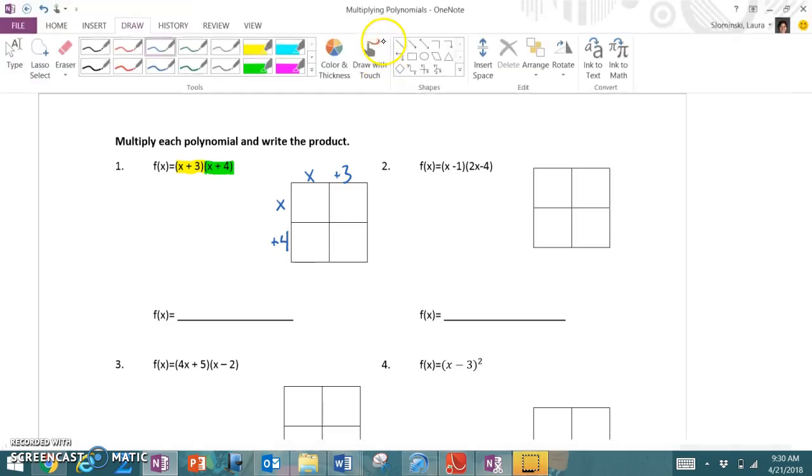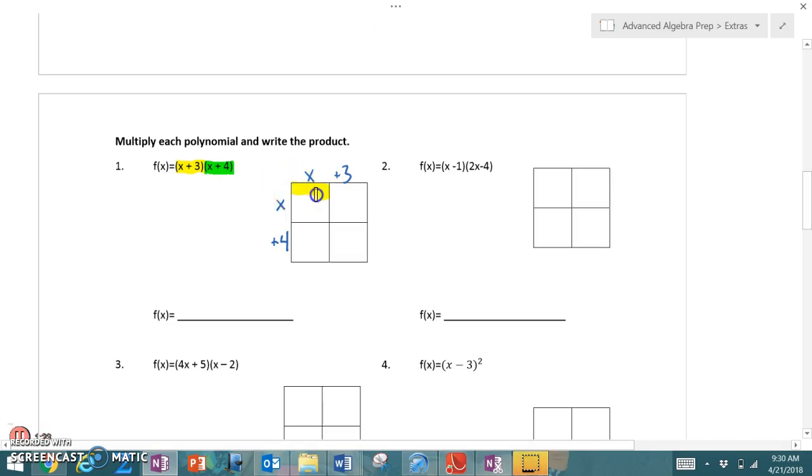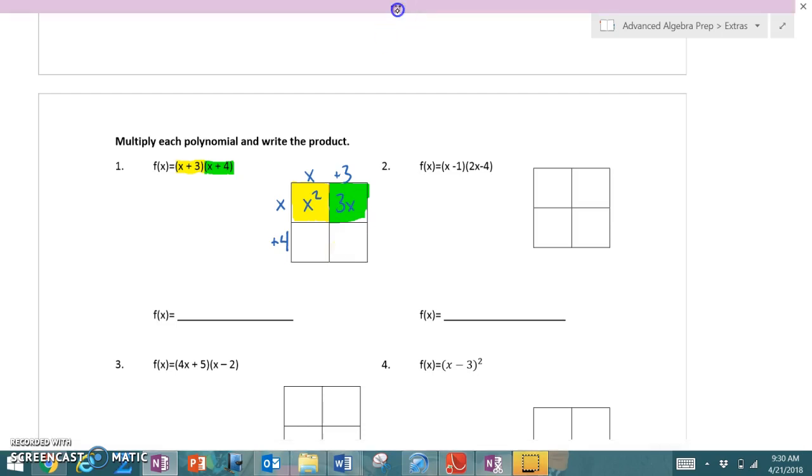And now, just like we did before, we're going to start by finding the area of this upper left corner, which means we're doing x times x, which is x squared. Next, I'm going to find the area of the upper right-hand corner, which is x times 3, which would be 3x. So the area of just that green box is 3x.